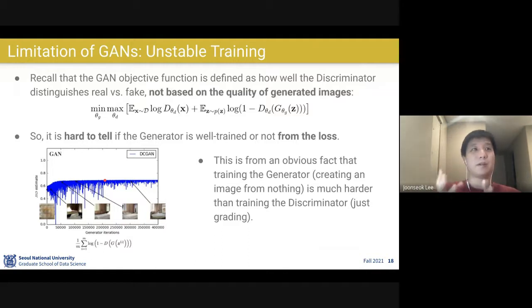It's not getting better. But if we actually see the generated images by each of those intermediate models, we see that it's actually getting better. So the objective function doesn't indicate the quality of the outputs in this model. So how can we fix this? It's hard to tell if the generator is actually well trained or not, just from this loss.